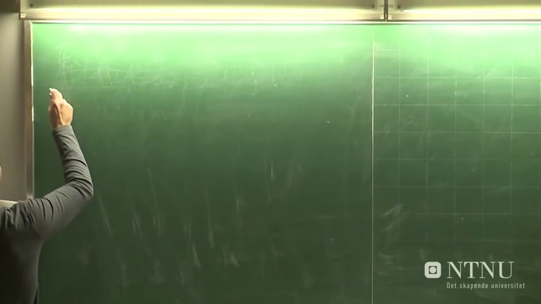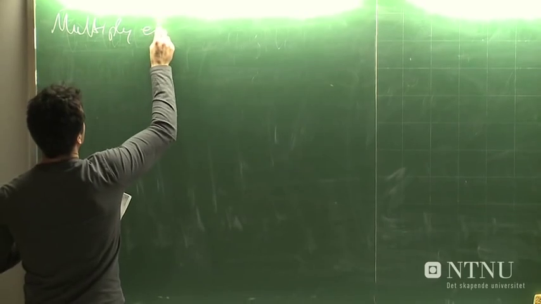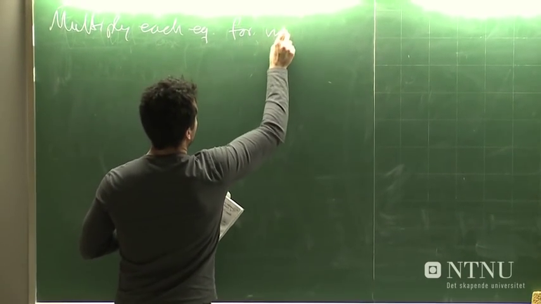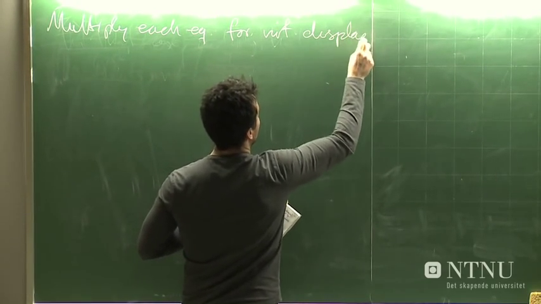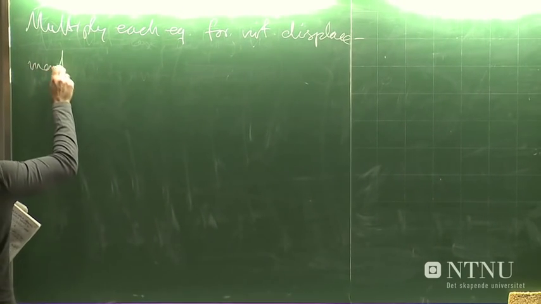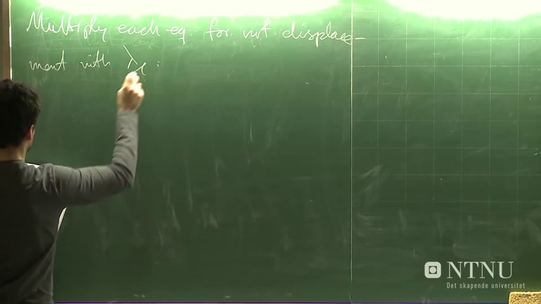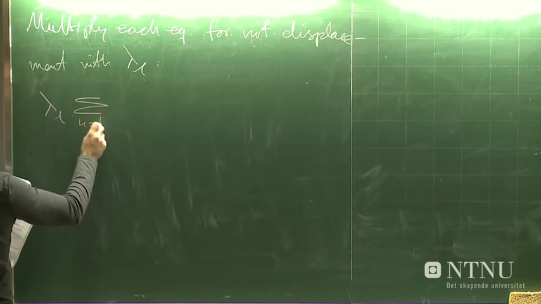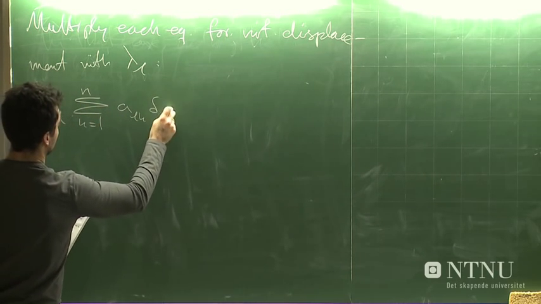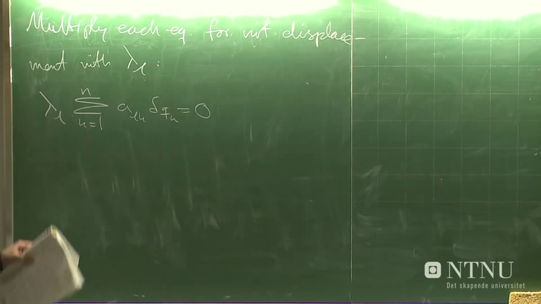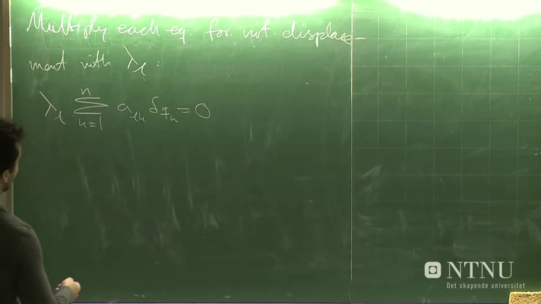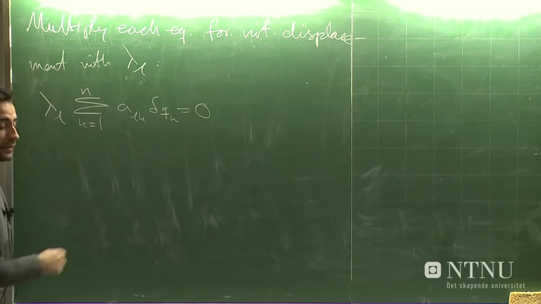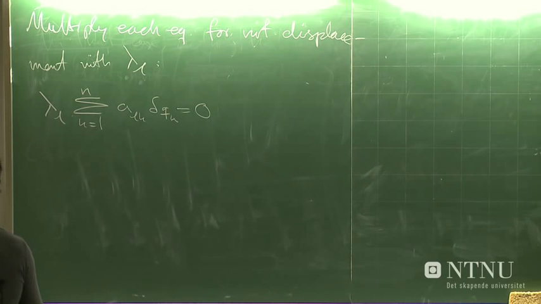So what we do is multiply each of these virtual displacement equations that the virtual displacements have to satisfy with an unknown coefficient, lambda_l, because we have m number of equations. l is just the index which characterizes which equation we're considering.